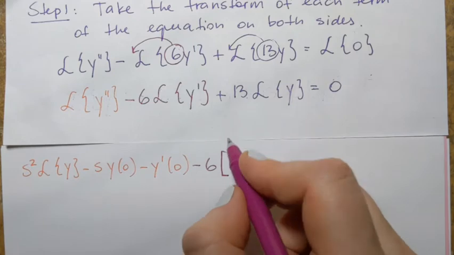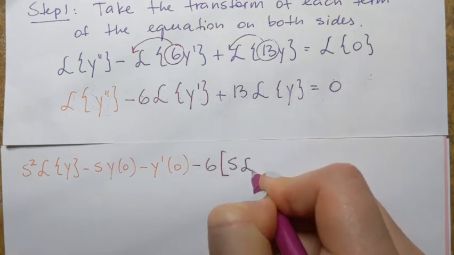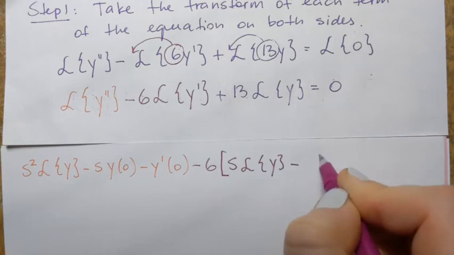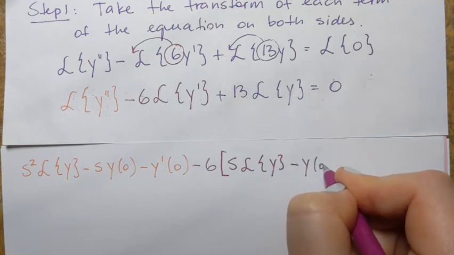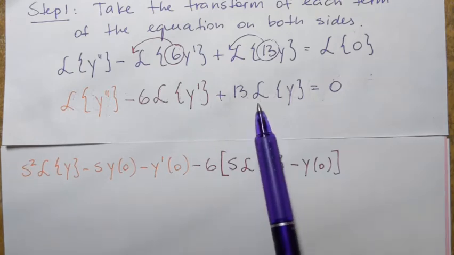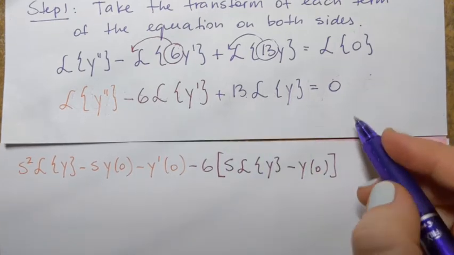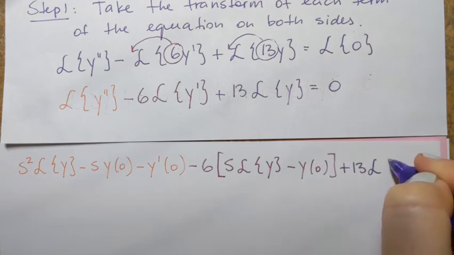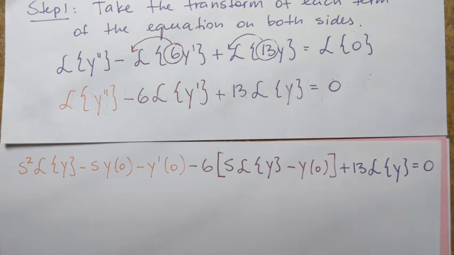Okay, so it's s, the Laplace transform of y, minus y of 0, like that. And, well, the last term here is just plus 13, the Laplace transform of y. I'll just keep it like that for now, equals 0.